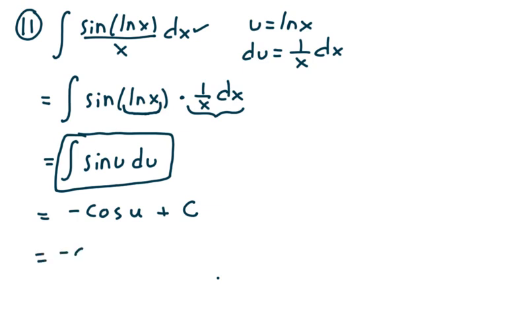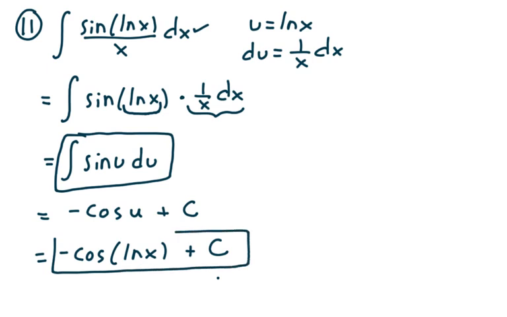And so this is negative cosine of natural log of x plus c. And that's how we do problem number 11. And let's do one more for this video.